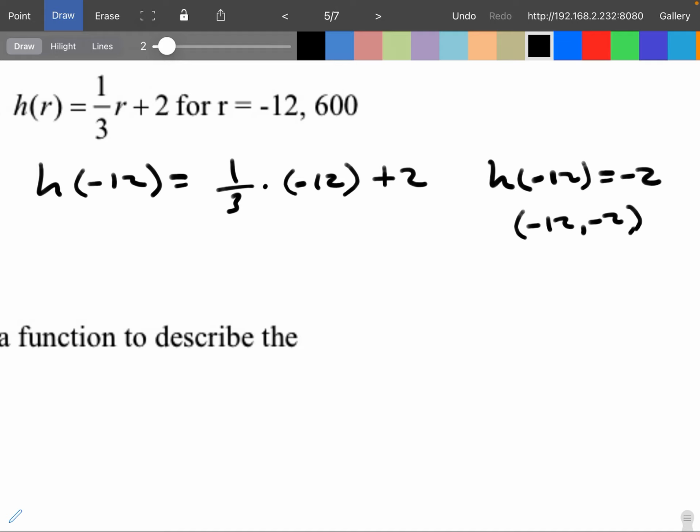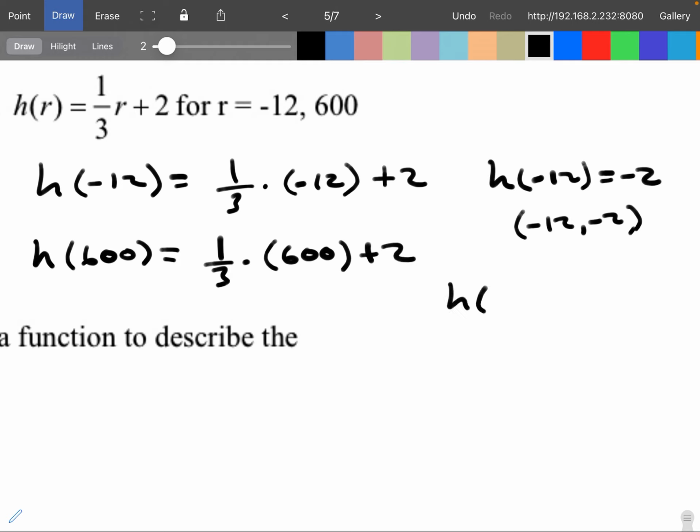And again, this is just a fancy way of saying that if you made an ordered pair out of that, the point negative 12 comma negative 2 would be on your graph. That's all. And then the last one, we got to do h of 600. Well, that'd be 1/3 of 600 plus 2.